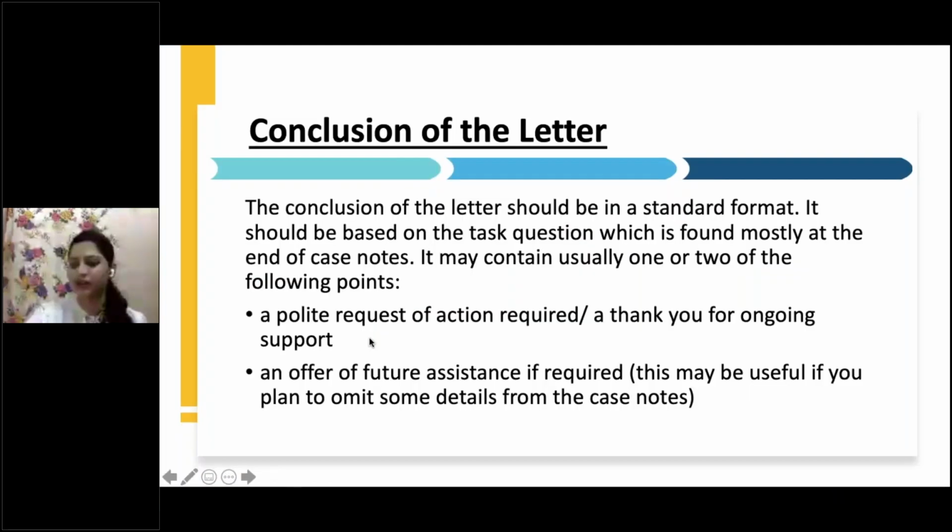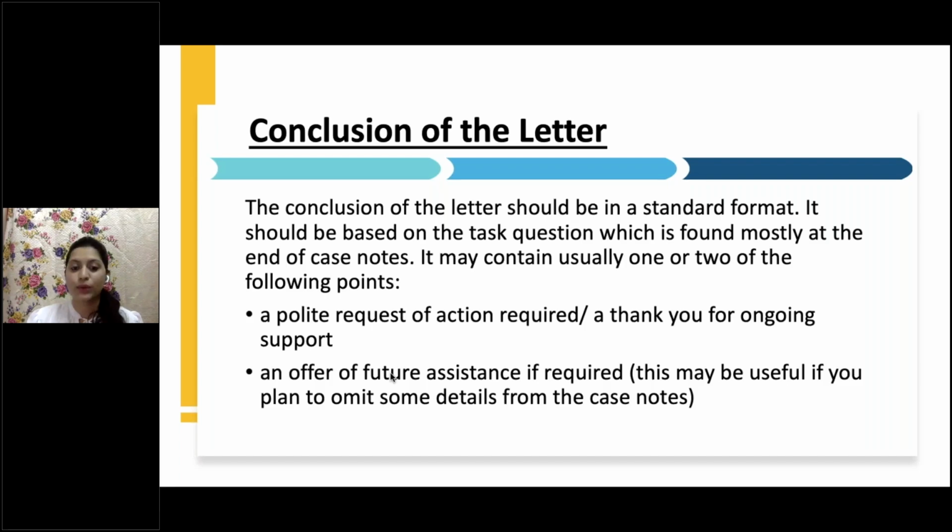So moving on, this is the last bit of the letter, that is the conclusion of the letter. The conclusion of the letter should be in a standard format. It should be based on the task question, which is found mostly at the end of the case notes. So it may contain usually 1 or 2 of the following points.